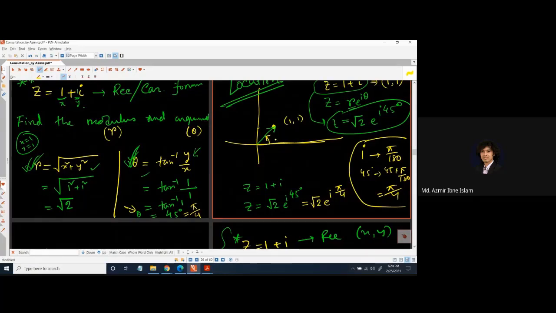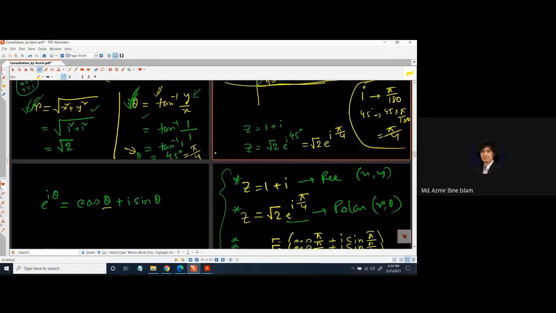From our eyesight, we can easily understand that this angle is nearly about 45 degree, right? Do you agree with my point? Yes, sir. So this is important. Besides finding the argument using this formula, you also have to check whether it goes with the location or not. Sometimes you have to correct your argument despite having this formula. So I'm going to that part here.